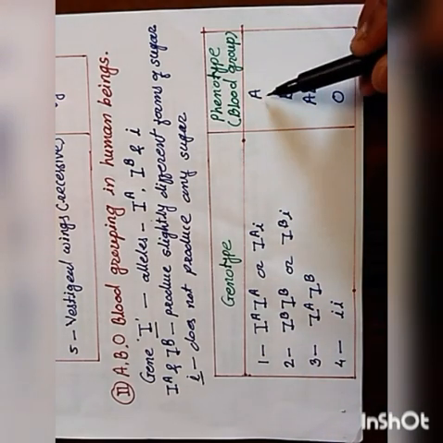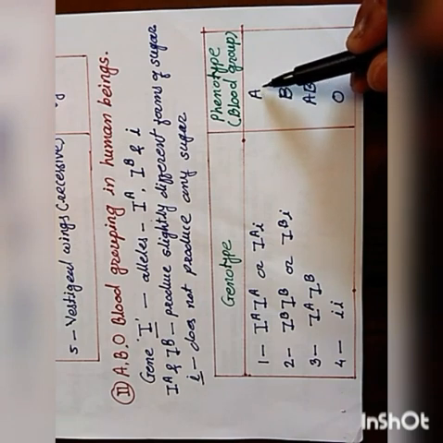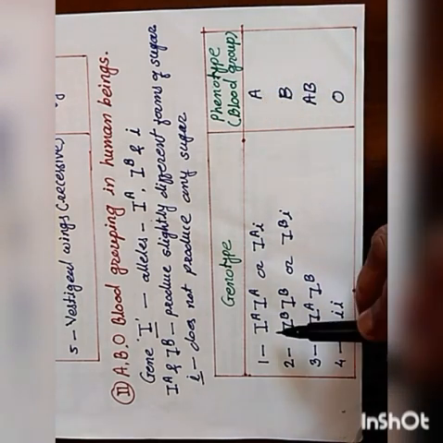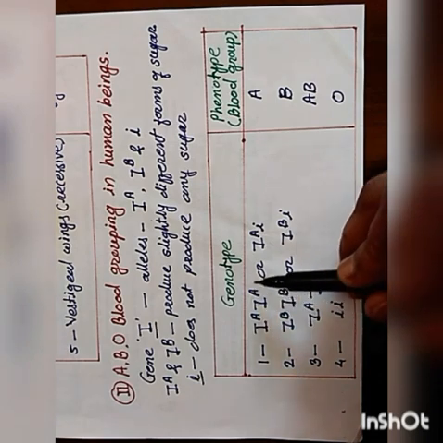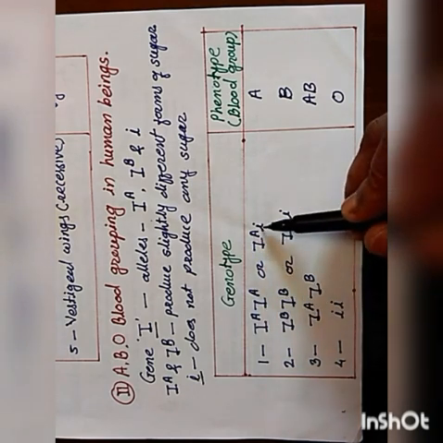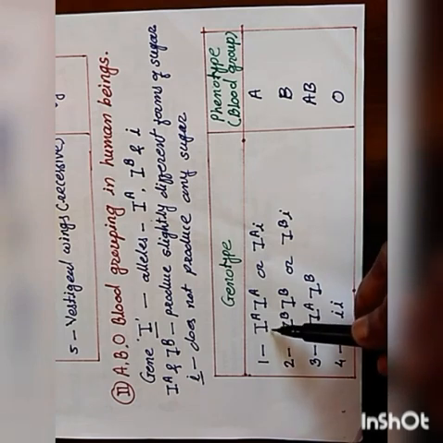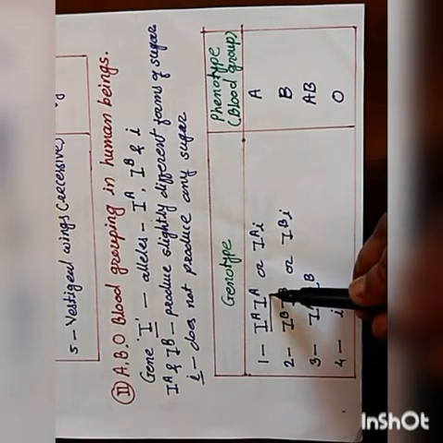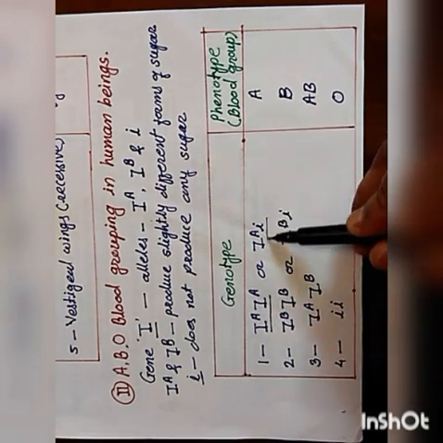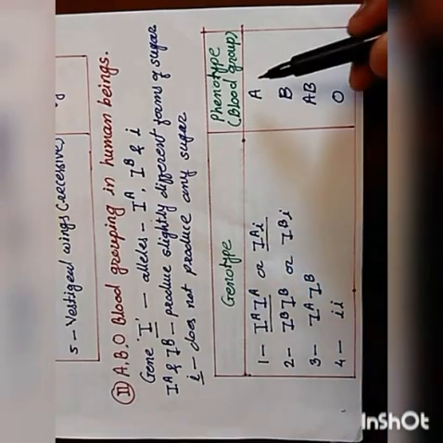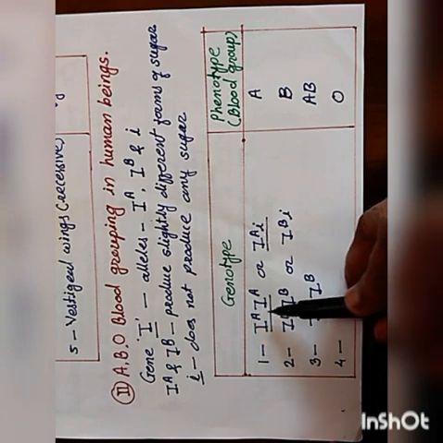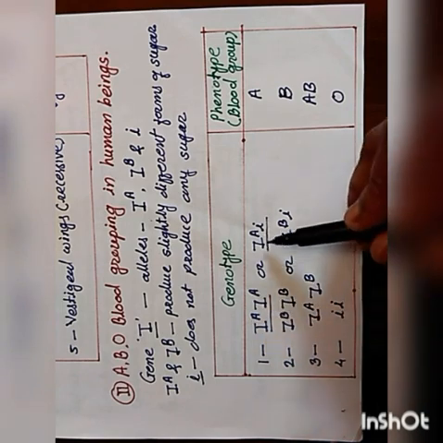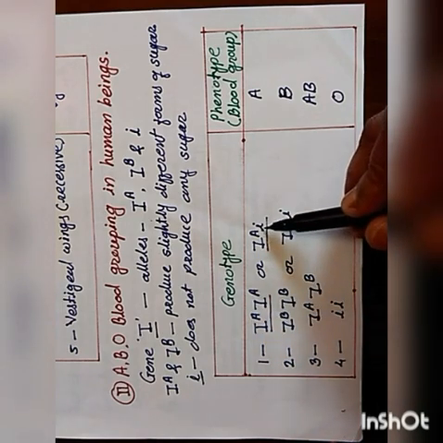See here, a person with blood group A has the genotype IAIA or IAi, means this is the homozygous condition, and this is the heterozygous condition. Means a person with blood group A has the genotype IAIA or IAi.